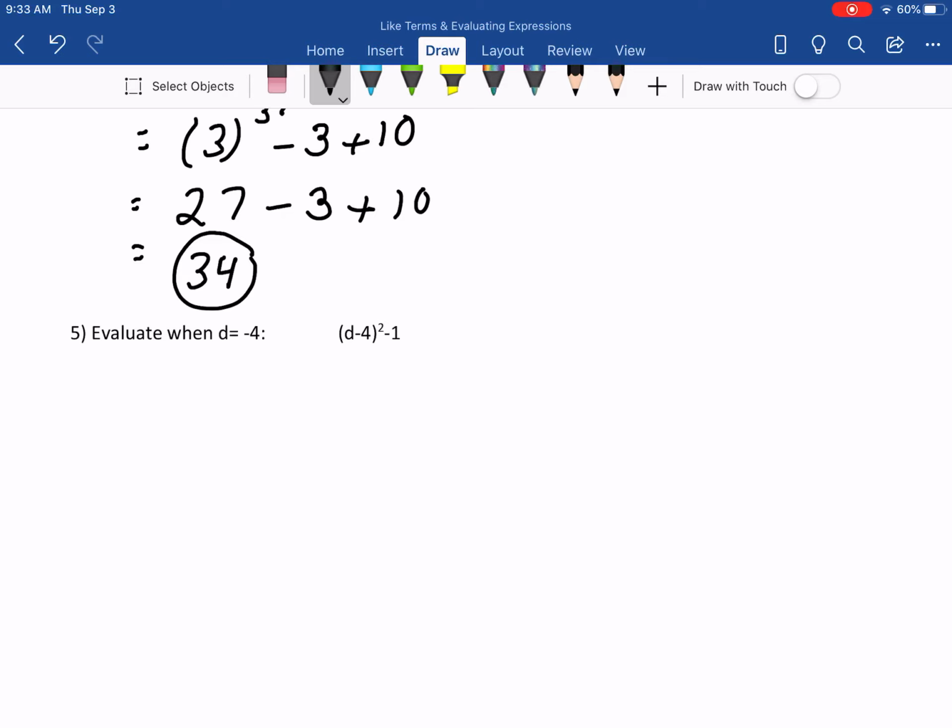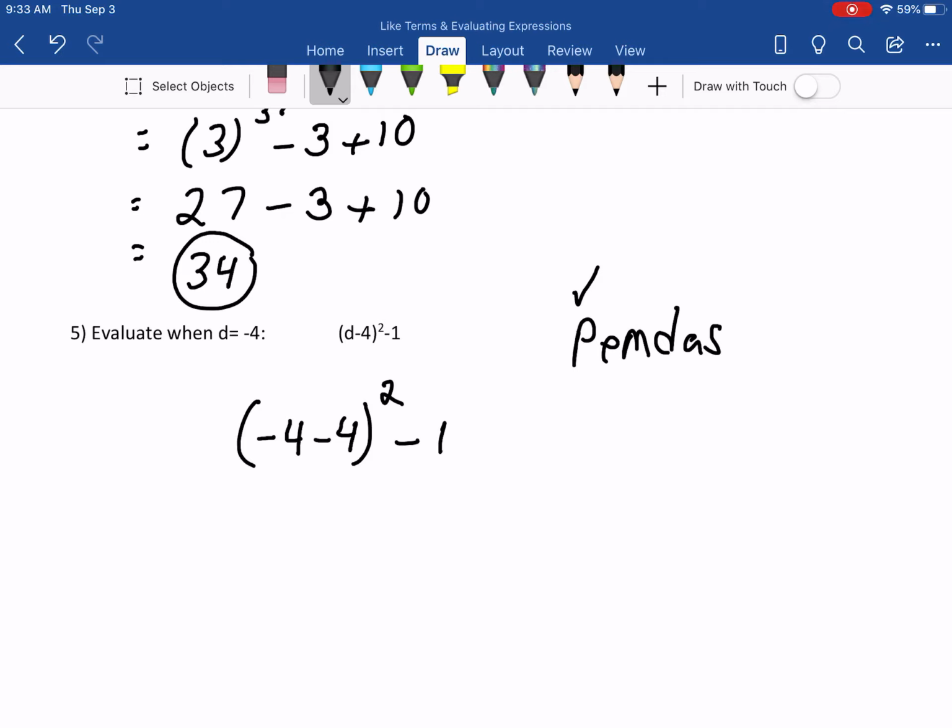Okay, our last question, evaluate when d equals -4, parentheses d minus 4 squared minus 1. So we're going to substitute d with -4. So we're going to write, instead of d, -4, so -4 minus 4 in parentheses squared minus 1. Okay, so I'm going to rewrite PEMDAS over here. Now, notice we have parentheses here, so we need to do what's in the parentheses first.